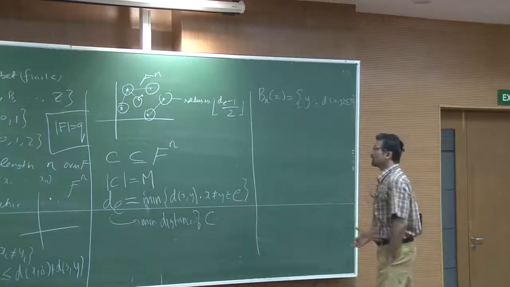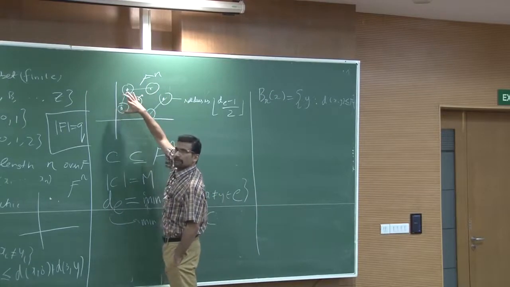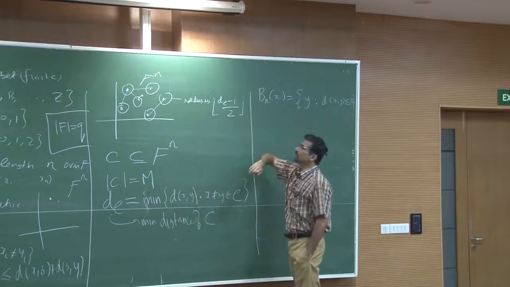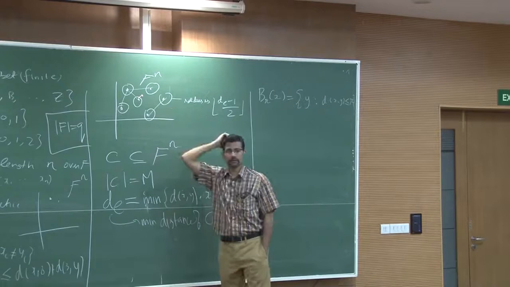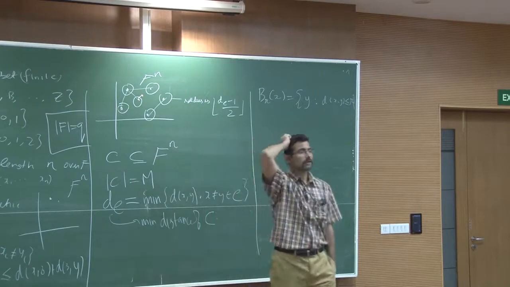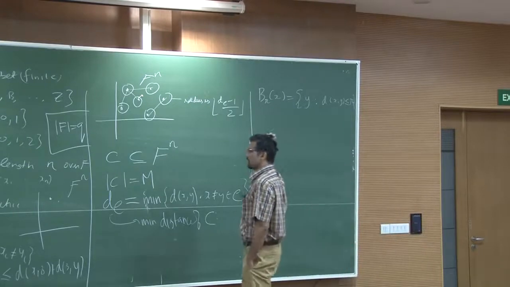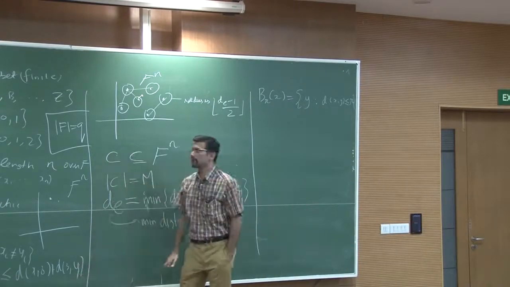Let me repeat again. The smallest of these chord lengths. Do you have any guess about what is the main property of such balls? They are disjoint. And why are they disjoint? It is because of this triangle inequality. That is where the metric property comes in.